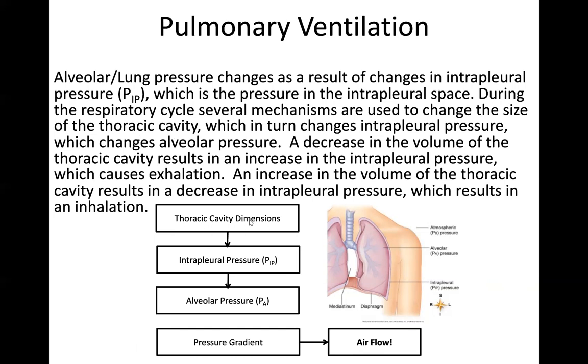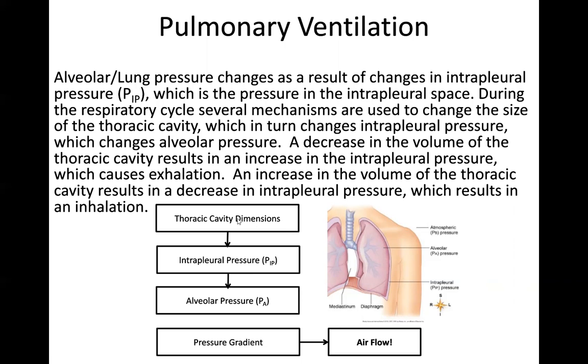So if our thoracic cavity dimensions go up, that means the space has gone up. What would happen to the pressure in the intrapleural space? We said it's an inverse relationship between pressure and volume, right? So if our volume goes up, pressure here goes down, right? If pressure in the intrapleural space goes down, so does pressure in the alveoli. Alveolar pressure drops as well. That establishes a pressure gradient that's going to result in air coming in.